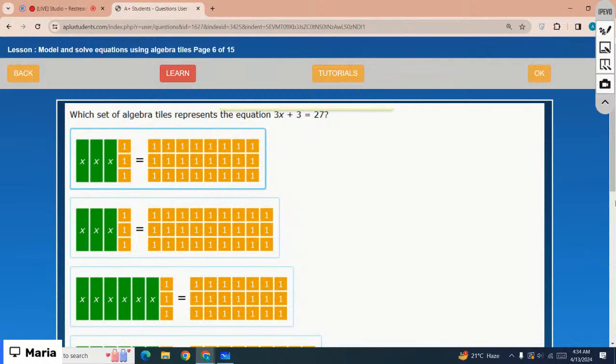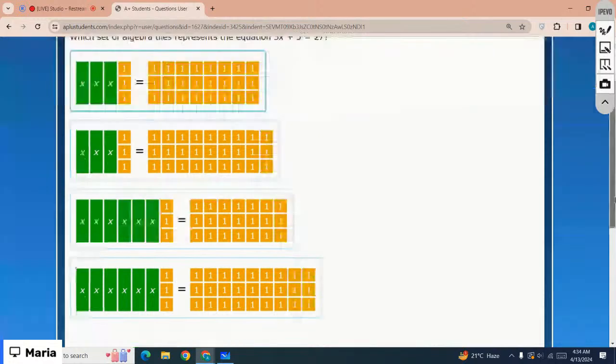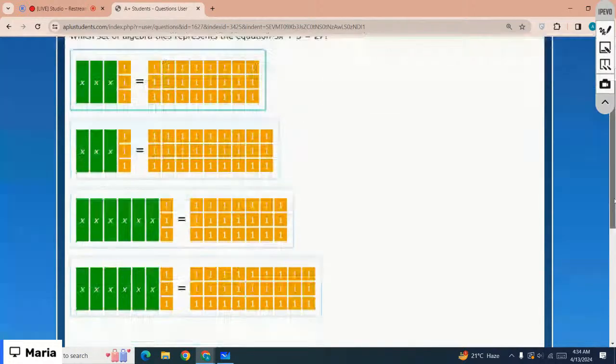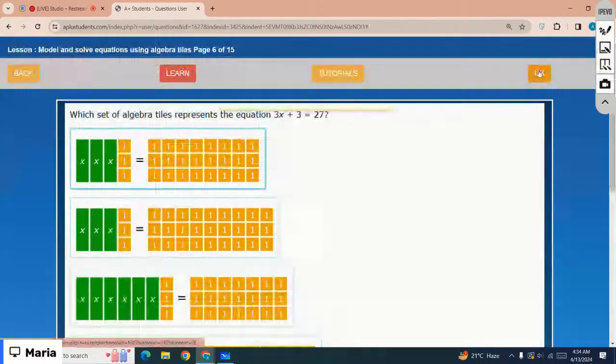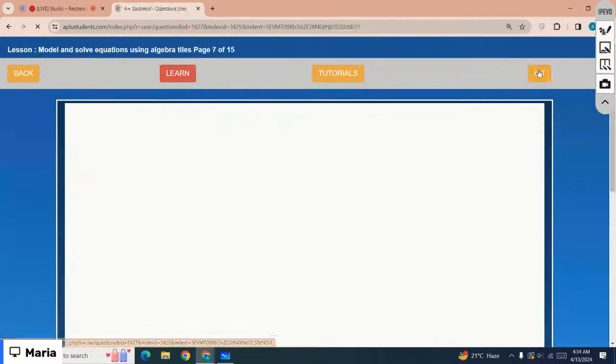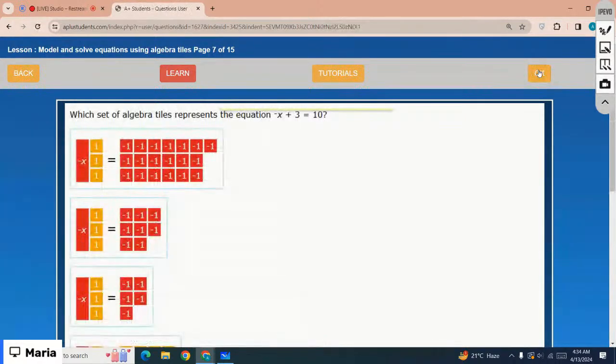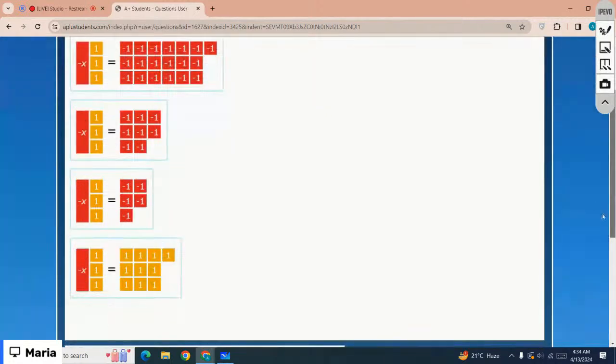Option number A is the correct option, right? Okay, which set of algebra tile represents the equation negative x plus 3 equals, and which is the correct option? Yes, that is option number D is the correct option.